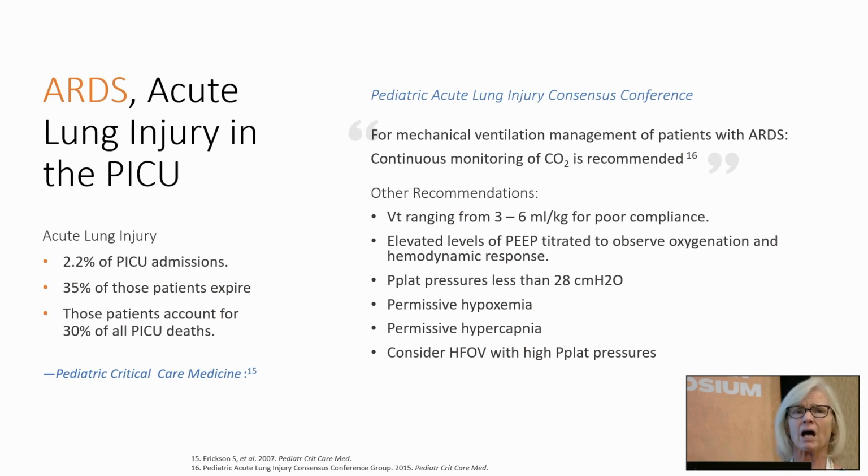Keeping a close eye on your plateau pressures. Most of the literature says right around 28 to 30 is when you start to get concerned about plateau pressures. You want to allow some permissive hypoxemia and some permissive hypercapnia, but you want to keep a real close eye on your oxygenation and your CO2 level so that you're not going too far out of range. If your plateau pressures do get higher, you need to think about lung protective strategies such as the oscillator.